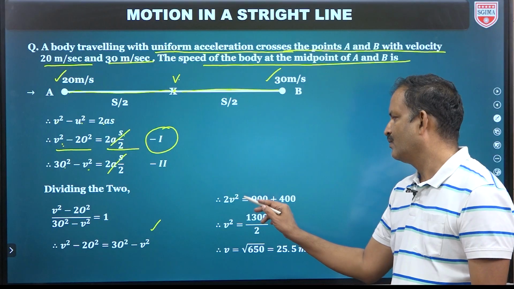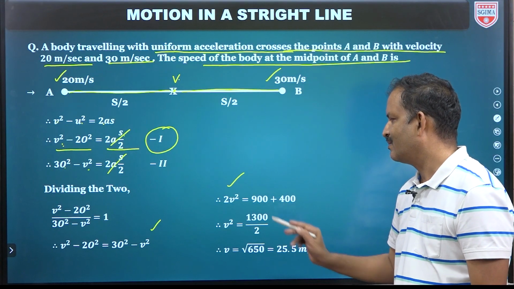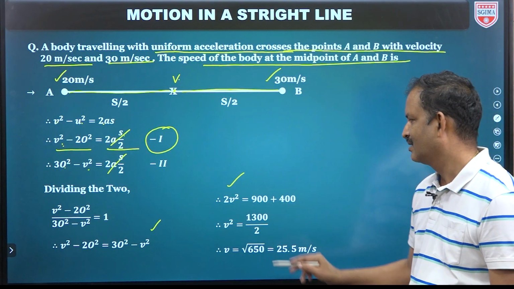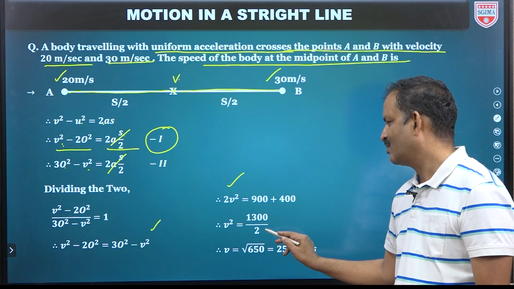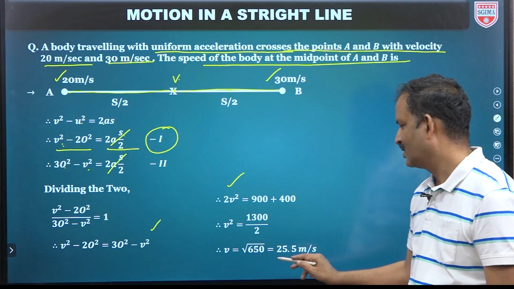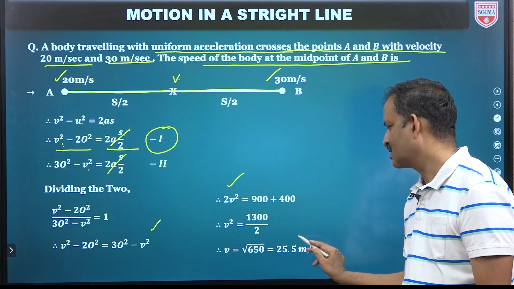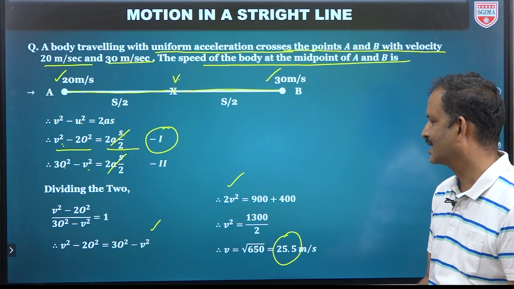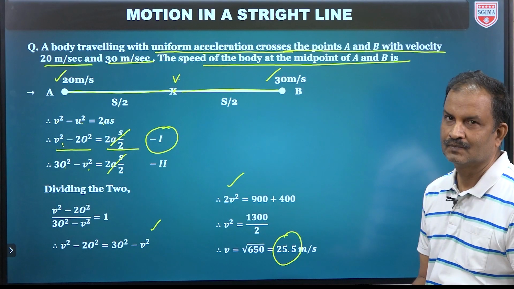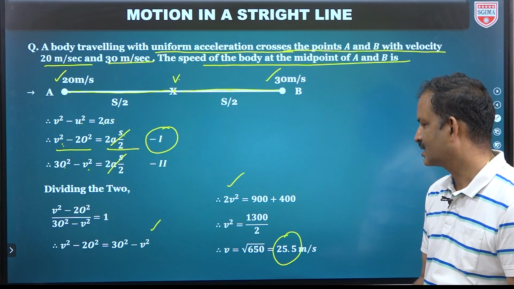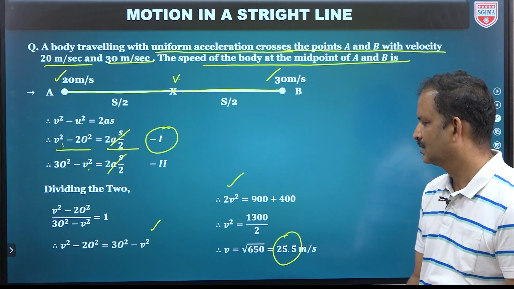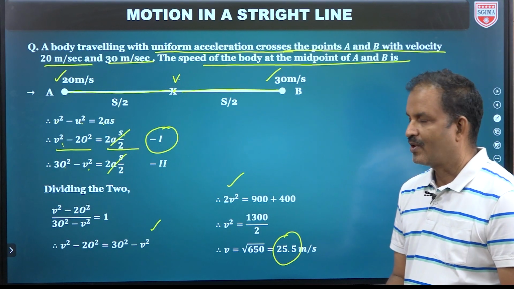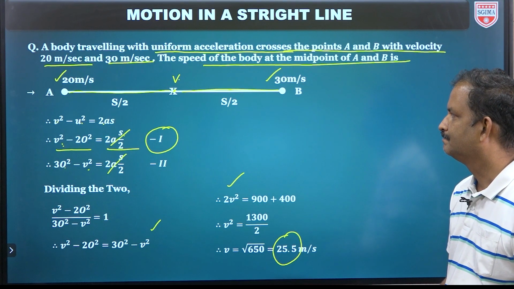So, 2V square is 900 plus 400. V square is 1300 by 2. So, V is equal to root 650. If you calculate its value, it is approximately 25.5 meters per second.